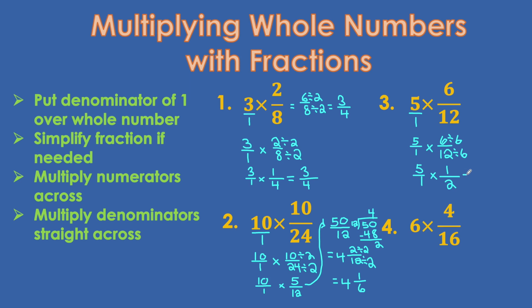Now we just multiply the numerators across. 5 times 1 equals 5. Then multiply the denominators across. 1 times 2 is 2. We have an improper fraction, which means we need to convert it into a mixed number. Let's write it down again so we have more room. 5 over 2.